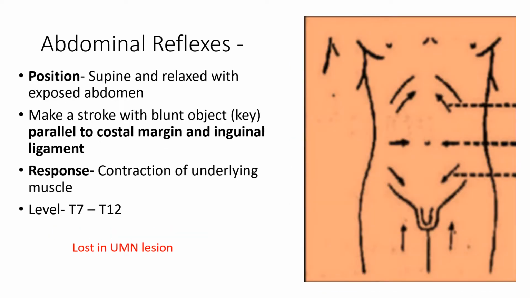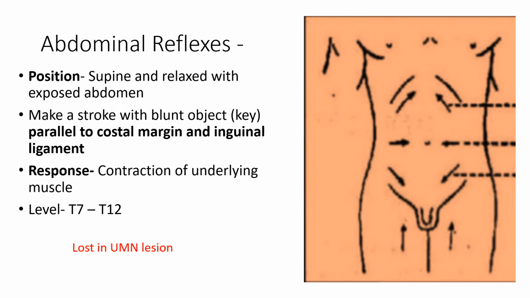Next is the abdominal reflex. The subject should be supine and relaxed, with exposed abdomen. Now what you have to do is make a stroke with a blunt object. You can use a key or you can open the hammer and use the pointed surface. You have to make the strokes toward the umbilicus, parallel to the costal margin and inguinal ligaments.